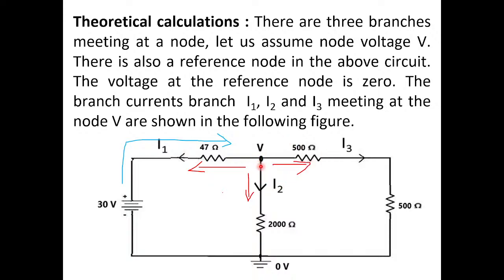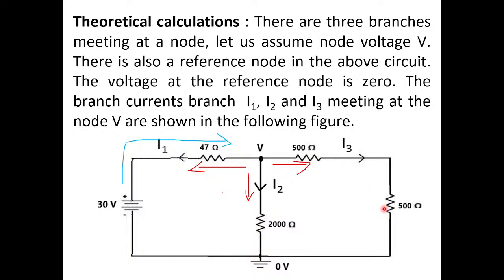Okay. Since current is dividing, consider this as a junction or a node and consider some node voltage at this node. Let us assume the voltage at this node is some V. Now this current will flow through 500 ohms and the same current will flow through the other 500 ohms.